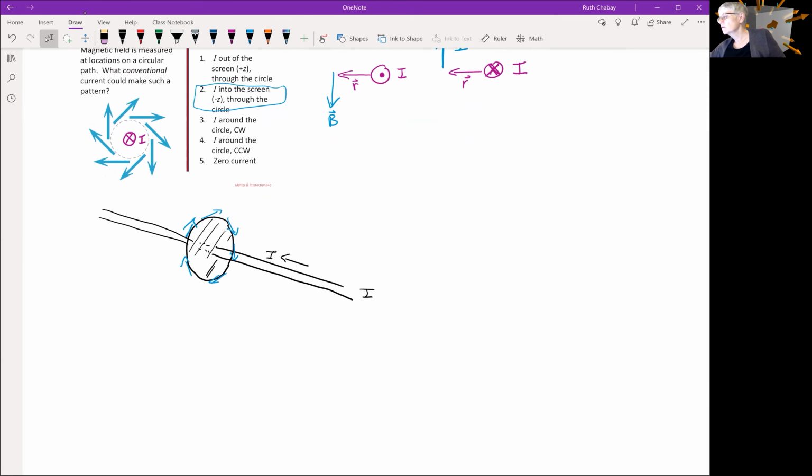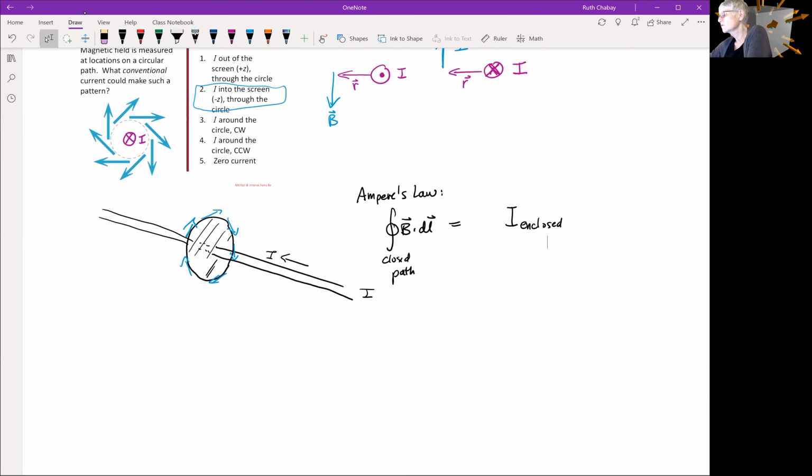And so Ampere's law says that the integral of B dot dl around some closed path is equal to some proportionality constant times the current enclosed.